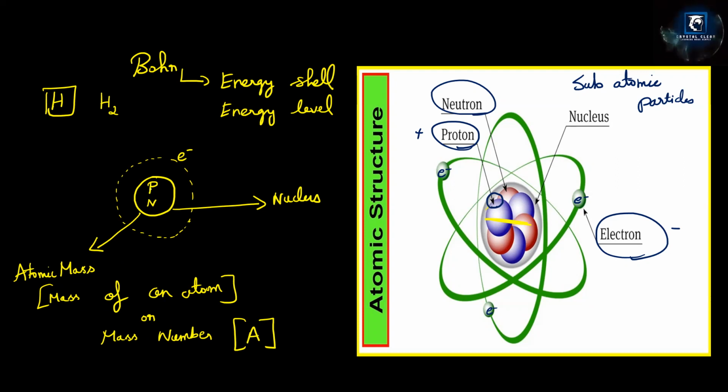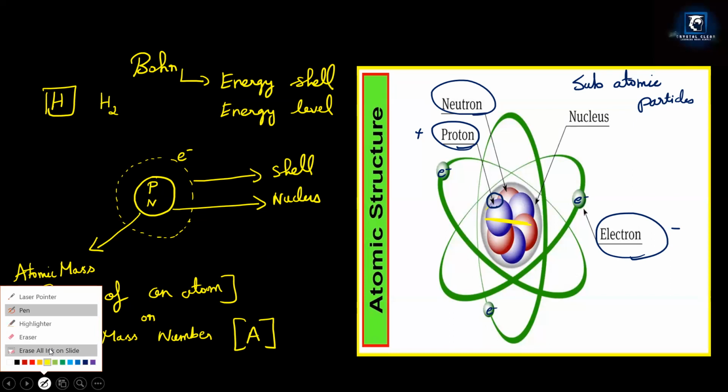Next, the electron. This electron, which is revolving around the orbit, was named a shell, and these shells have energy, and we call them energy shells. So the energy shells are, let me erase this, and I will draw the energy shells for you.